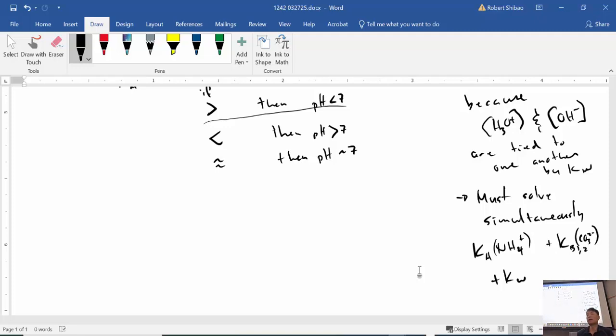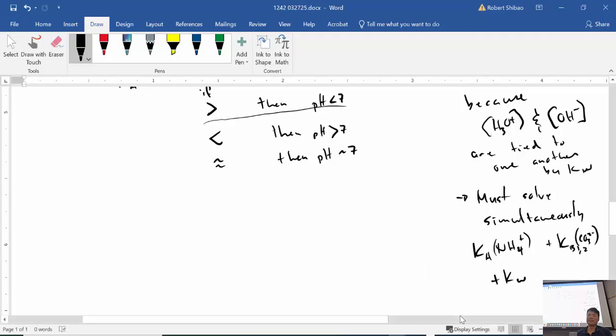At least 3, 4 equations in this case. But solving 3 or 4, is that easy to do?